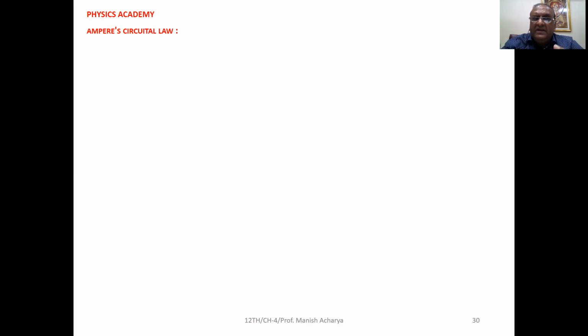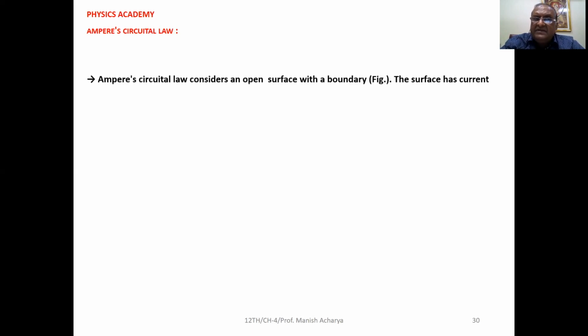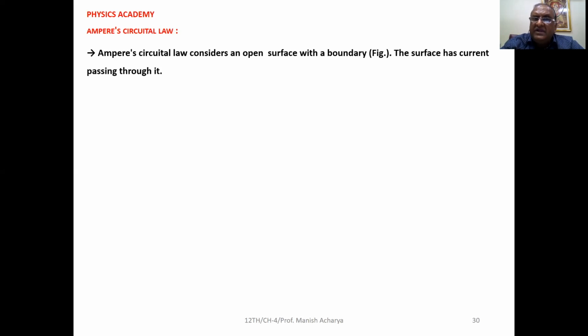Similarly, using Ampere's circuital law, one can find the magnetic field at any point due to symmetric current distribution. Now, in Ampere's circuital law, we consider the open surface with boundary, and the boundary of that surface is considered as Amperian loop, to which Ampere circuital law is applied.